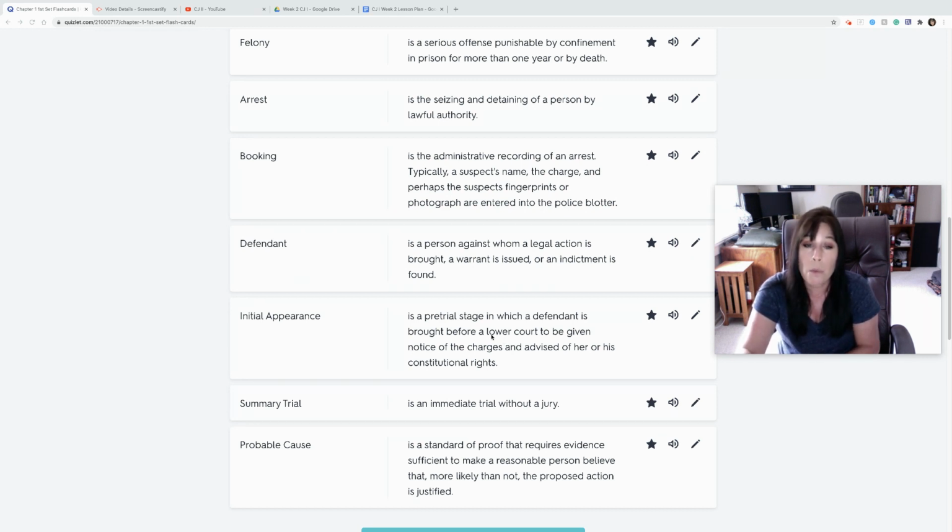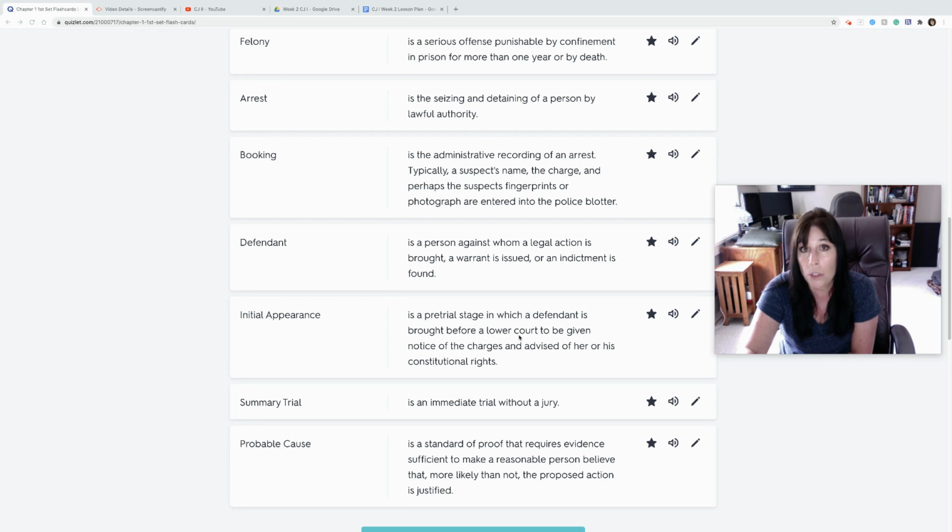So if you were arrested, just really any kind of a charge, but let's just say it's a felony, out in the town of Brunswick, you would be brought to the lower court, which is the Brunswick Town Court, to have your initial appearance, to have your arraignment. And you may go to a different court, a higher court, the county court, if you actually go all the way to trial. But we'll get into that a whole lot more in courts and law.